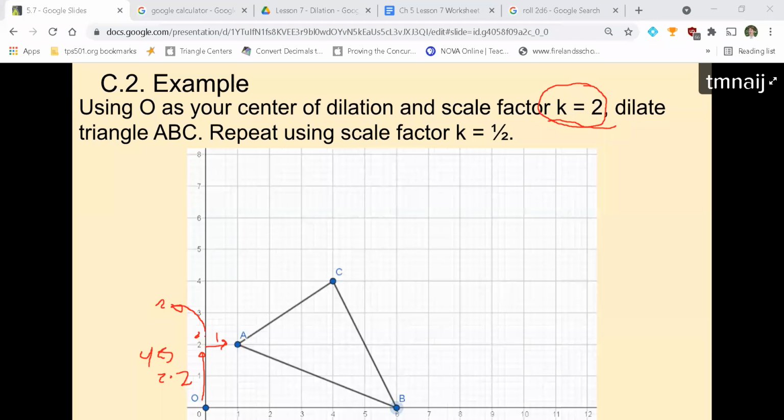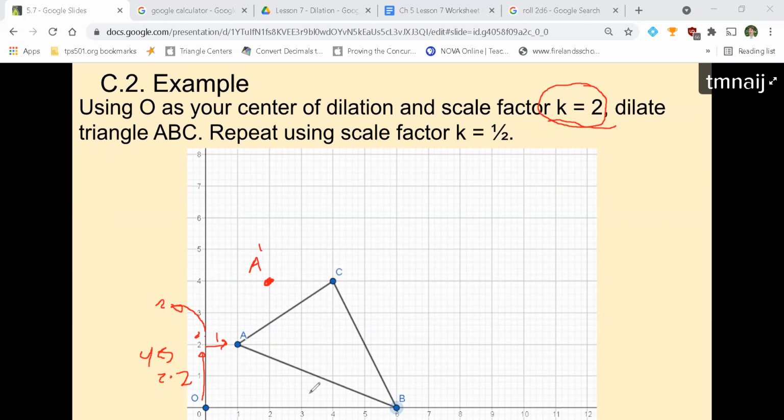So now, instead of going 2 up, 1 over, I'm going to go 4 up, 2 over. Does that make sense? Do you see how we did that? Again, I drew all this out, but you really probably don't have to.